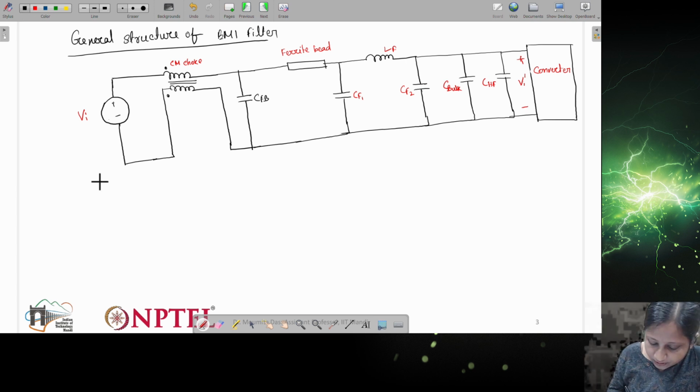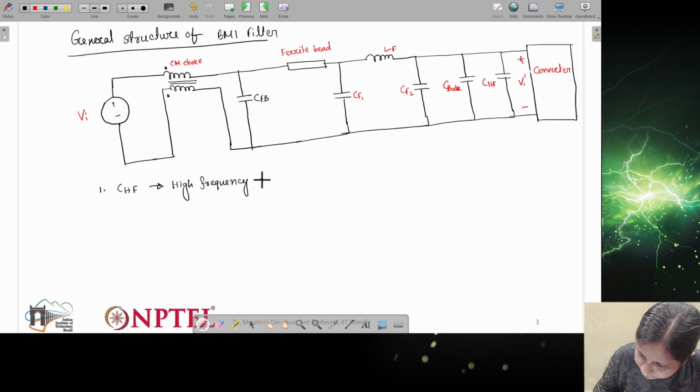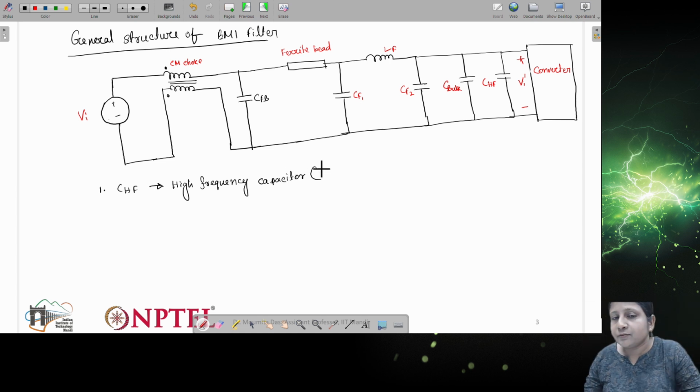So what are these components? Let me elaborate this thing. So basically you can see the bulk capacitor which is present. I'll actually start from the end part. See high frequency. This is actually high frequency capacitor. Generally, for this particular capacitor, ceramic capacitor is considered.